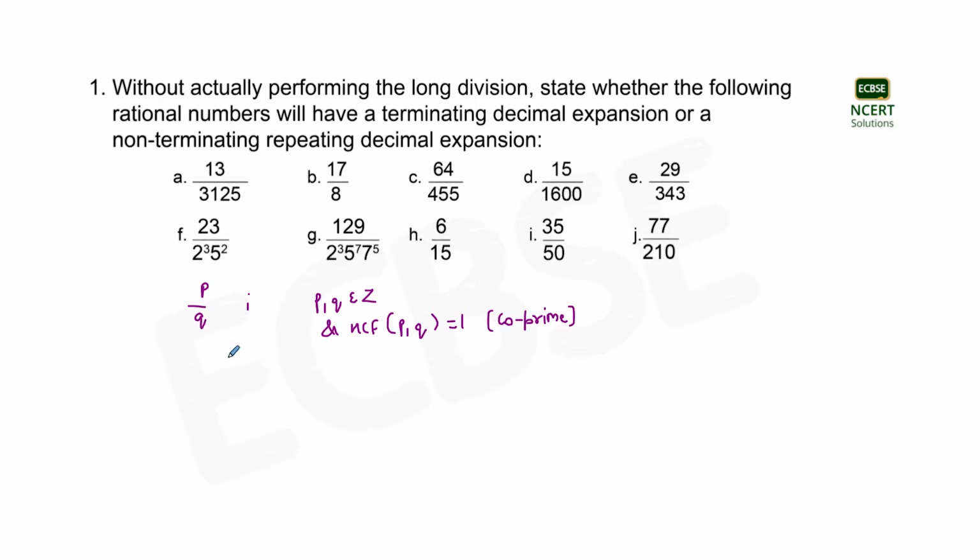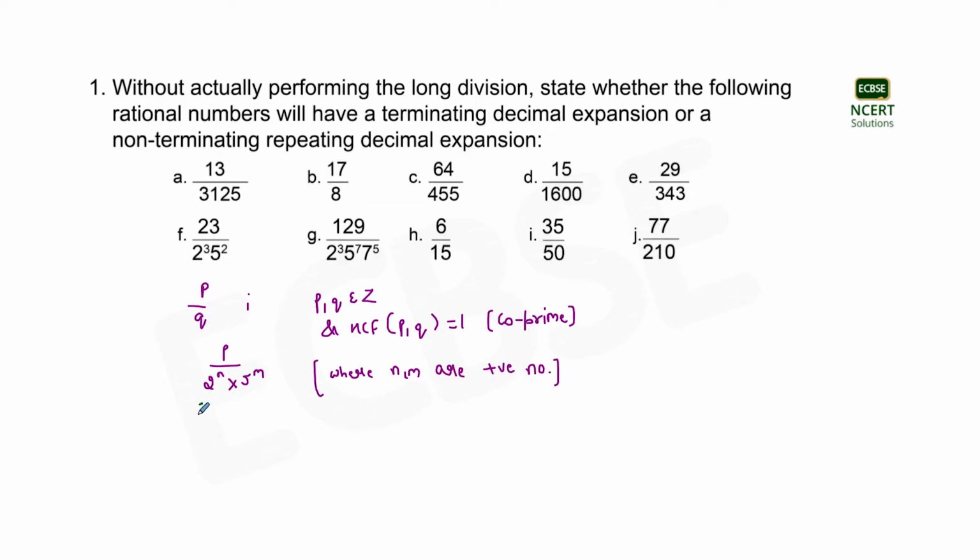Also, if we are able to represent the denominator in the form of 2 raised to power n into 5 raised to power m, where n and m are positive numbers, then such a number will have a terminating decimal expansion.